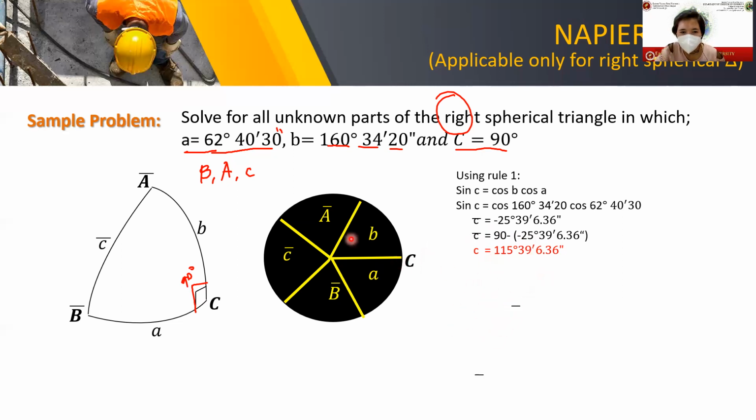So meron na tayong C. So we can solve now A prime and B prime. So what are we going to use? Are we going to use sintaad or sin co-op? So it depends on the situation. So if you are looking for A, yung adjacent ni A is C and B, which is given na.